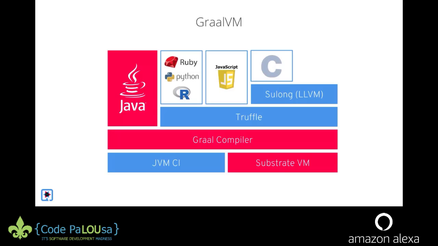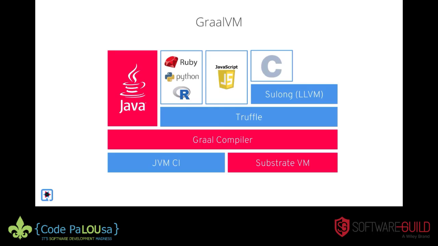And if we take a look, at least block diagram-wise, at what the GraalVM looks like, you can see support for some of the native languages. You see Ruby and Python and R and JavaScript and C. You'll notice that I've highlighted some of the components of the GraalVM in red.